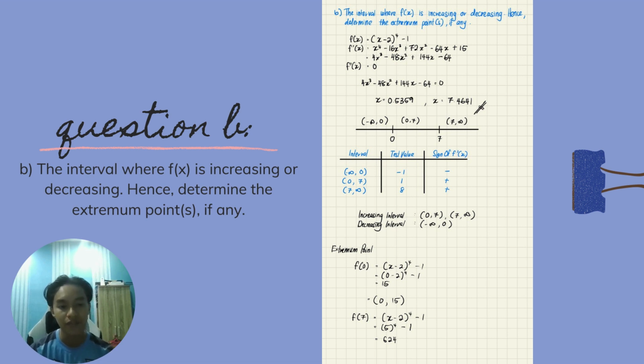For the increasing interval we get (0, 7) and (7, infinity). For the decreasing interval we get negative infinity to 0. And below that we find the extreme point. For this we just use the equation that has been given and substitute the values 0 and 7. So we will get the answer for the extreme point.